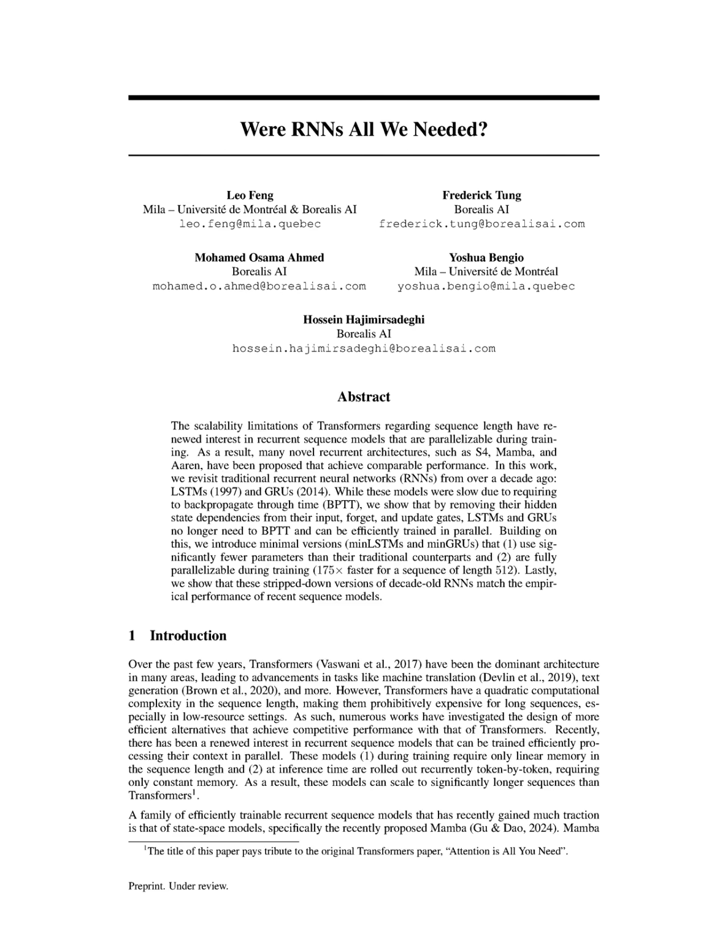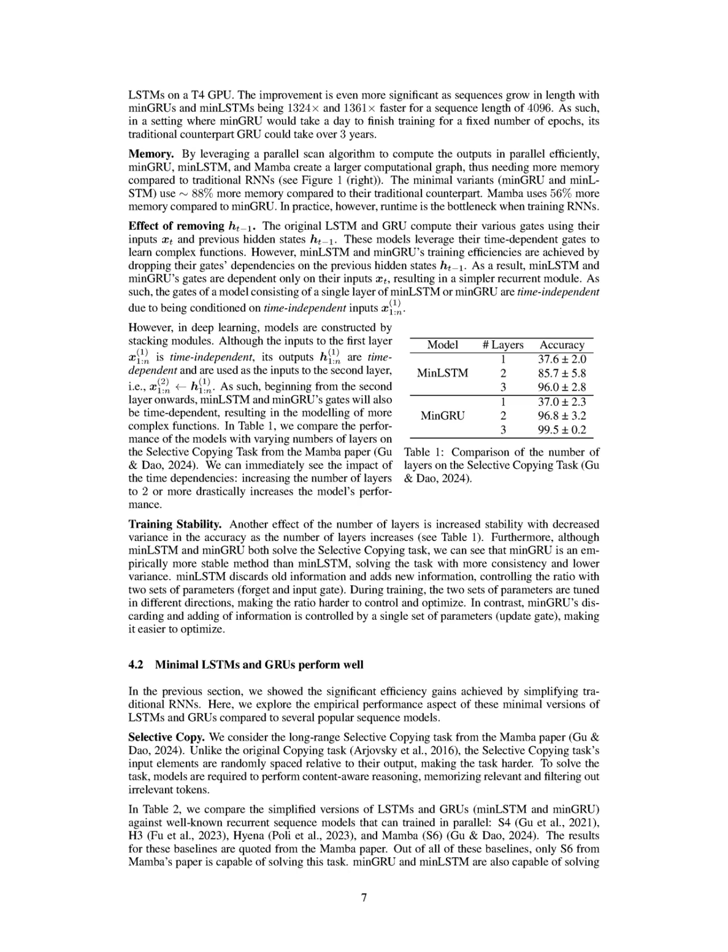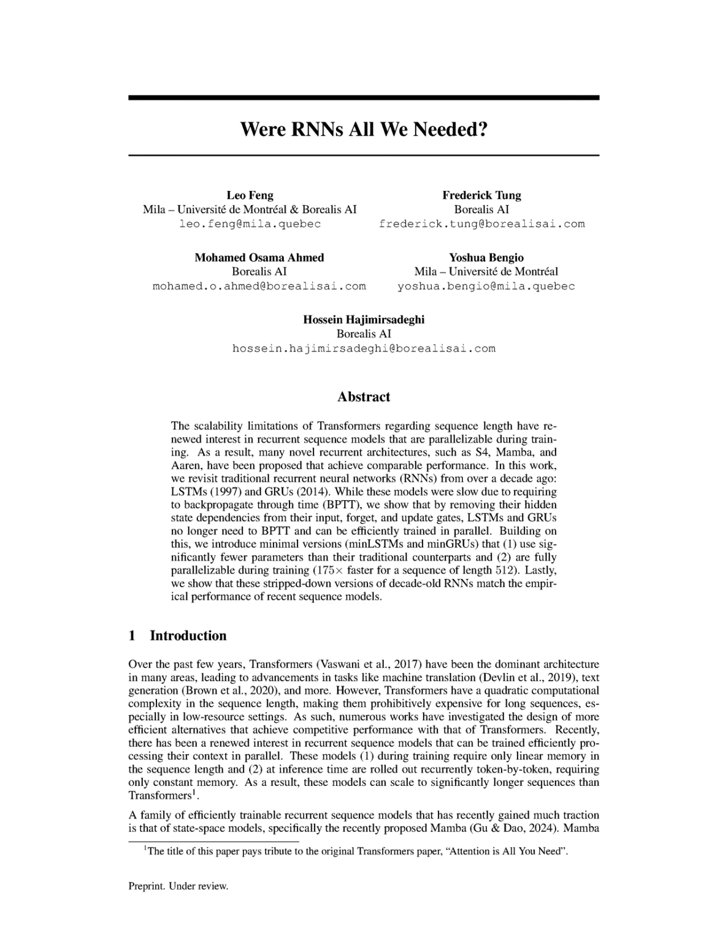Additionally, in language modeling tasks, minLSTM and minGRU achieved test losses of 1.555 and 1.548 respectively, which were on par with Mamba and Transformers, but required significantly fewer training steps. These results underscore that the minimal versions not only retain competitive performance, but also excel in training efficiency, making them viable alternatives to both traditional RNNs and modern sequence models.